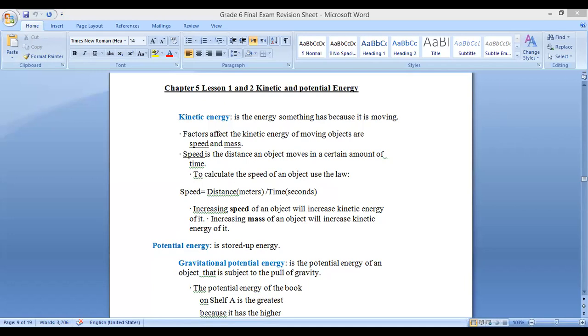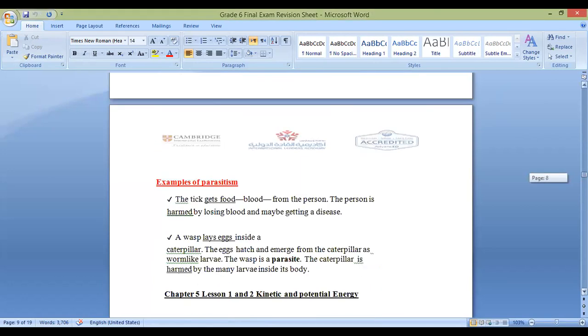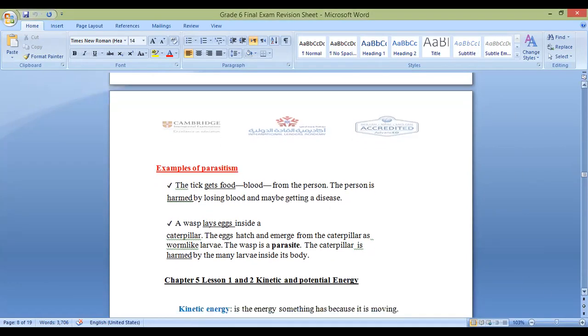Who can tell me what is the kinetic energy? Yes, Farah. Miss, kinetic energy is the energy of motion or movement. Excellent. And potential energy, Farah? Not moving, the position.